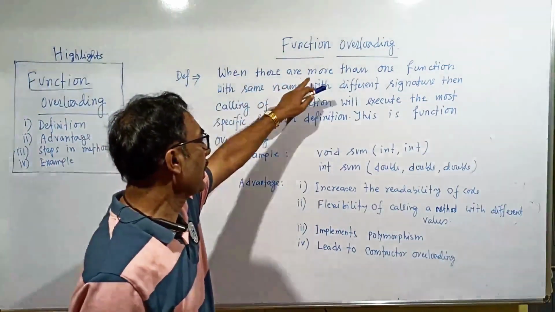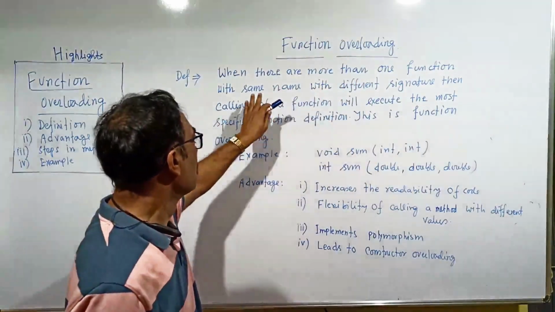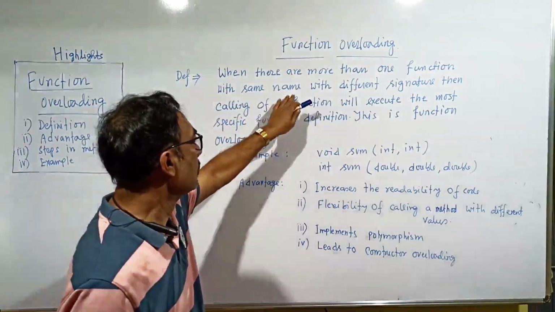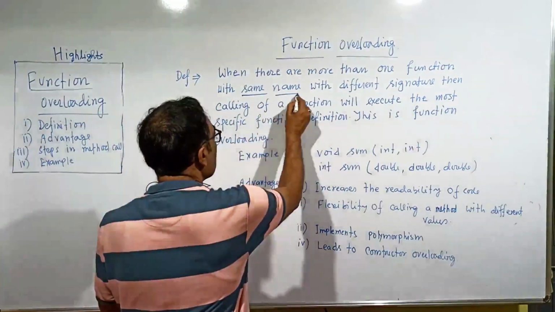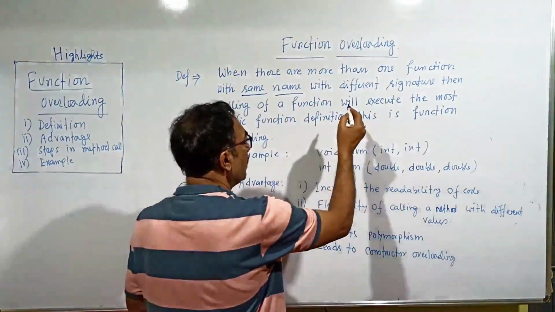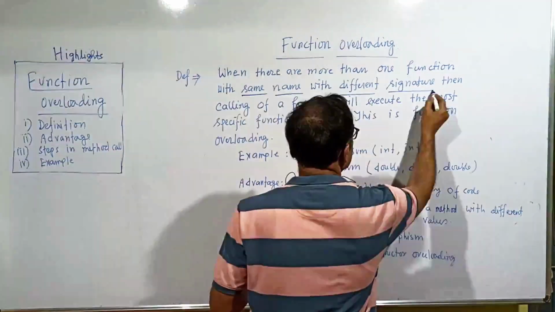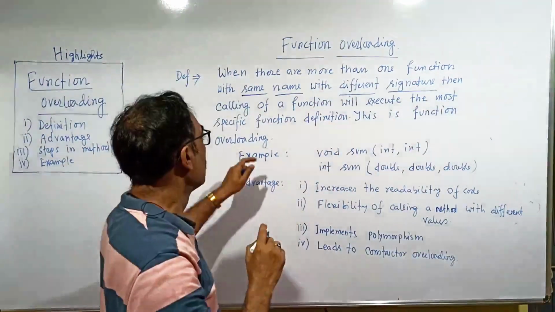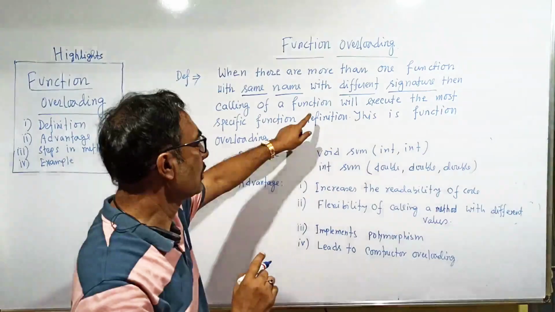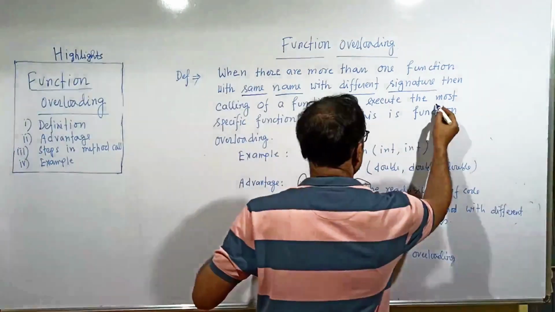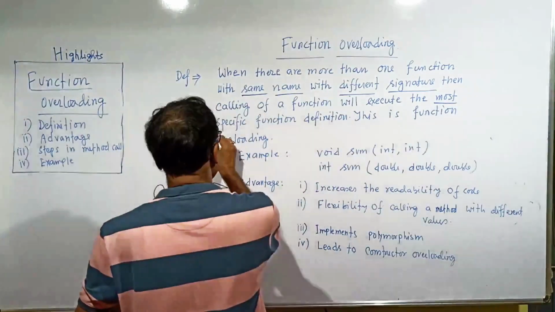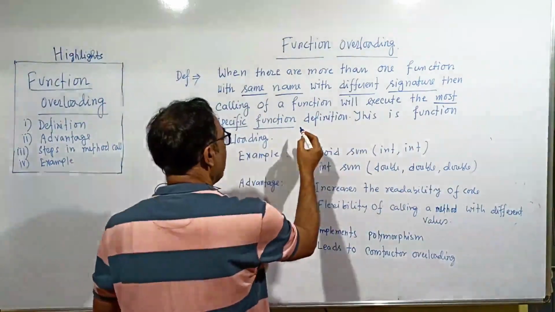When there are more than one function with the same name, this is very important, with the same name, with different signature, then calling of a function will execute the most specific function definition.